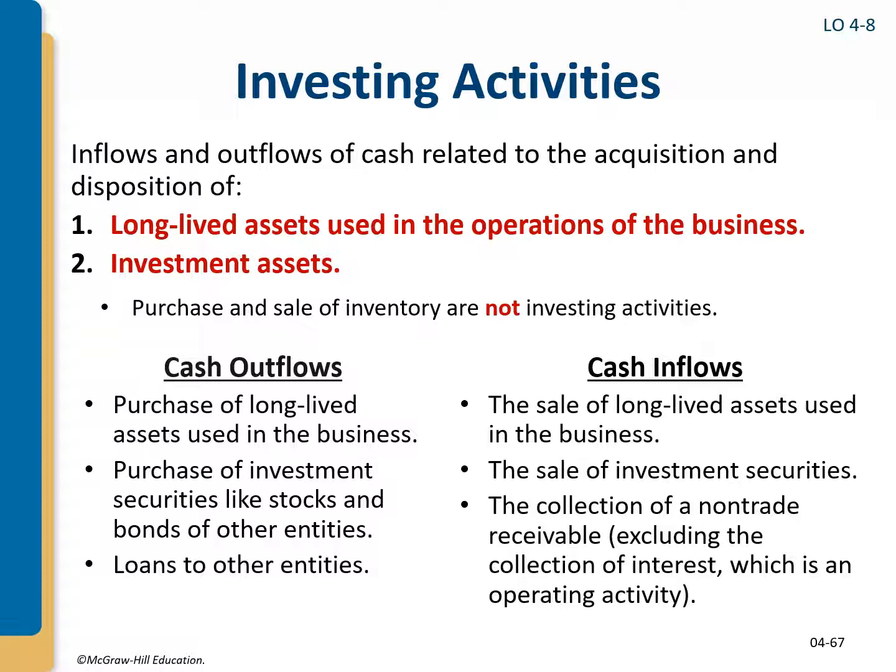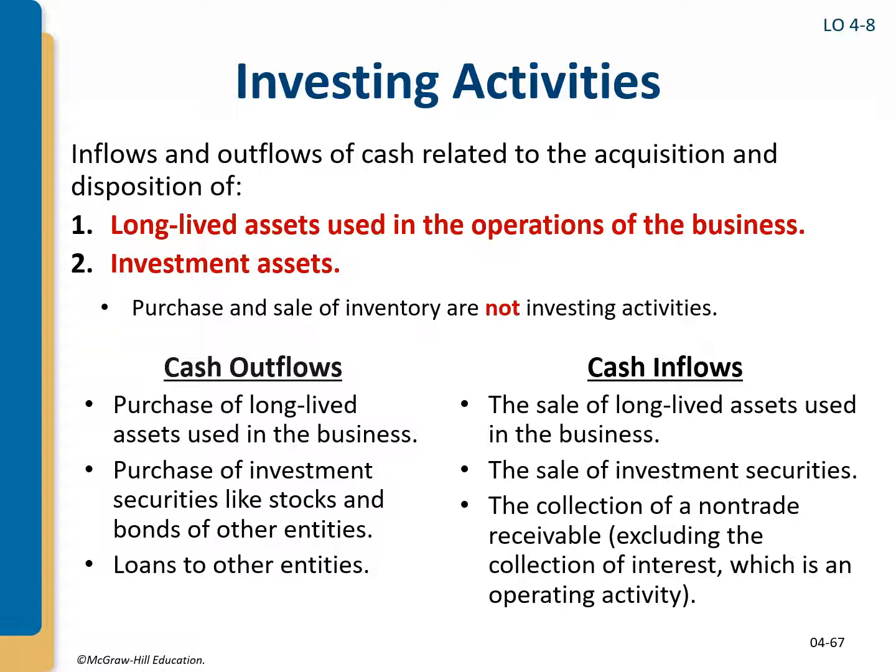That would be positive cash inflow from investing. Cash outflows are when we buy plant or intangible assets with cash, we purchase stocks and bonds with cash, or we loan cash to other entities. That's how we invest in our company. And those are your typical cash inflows and outflows.